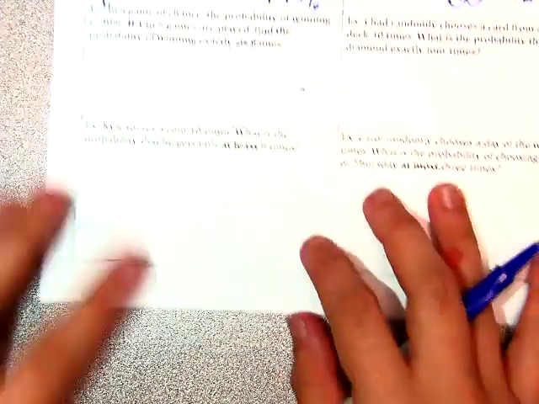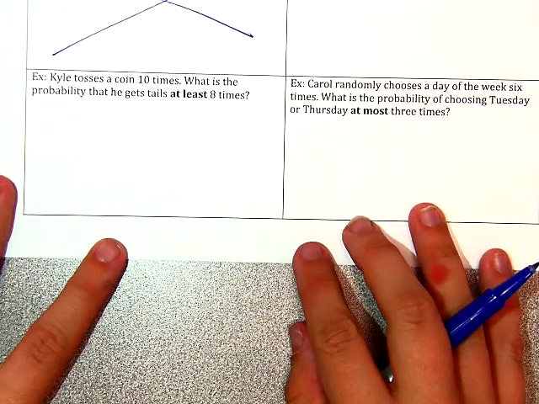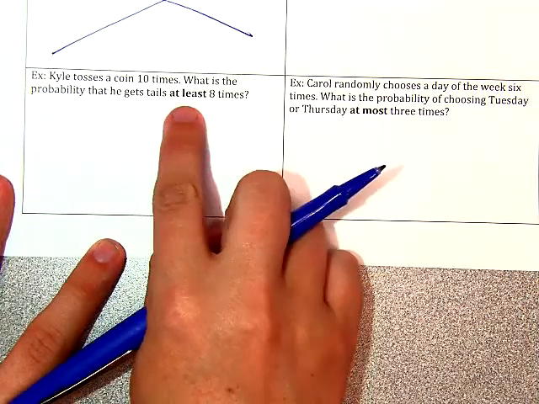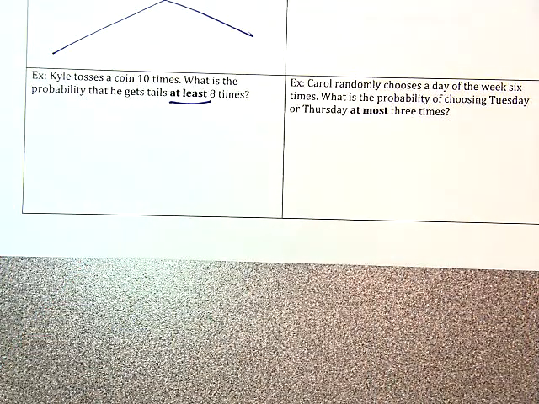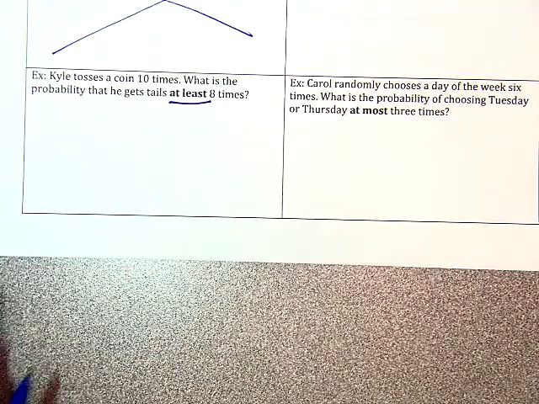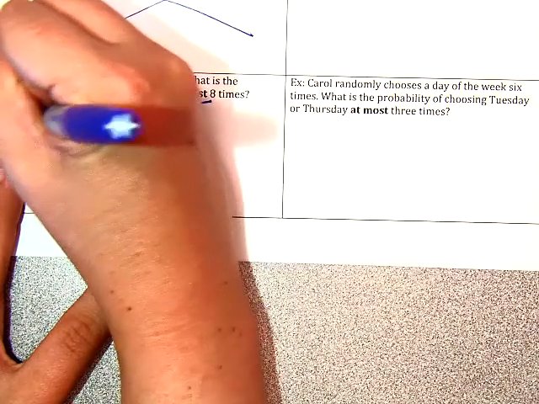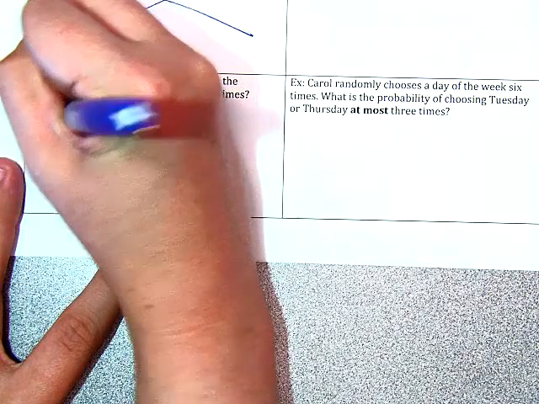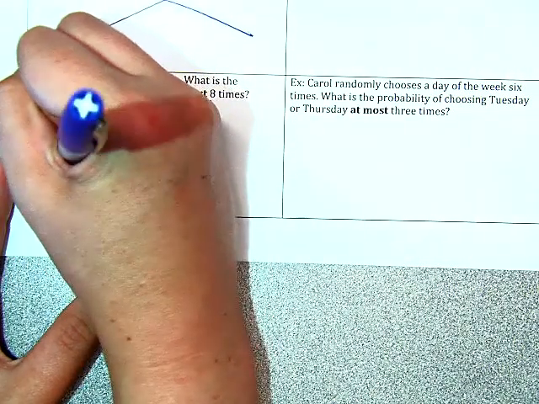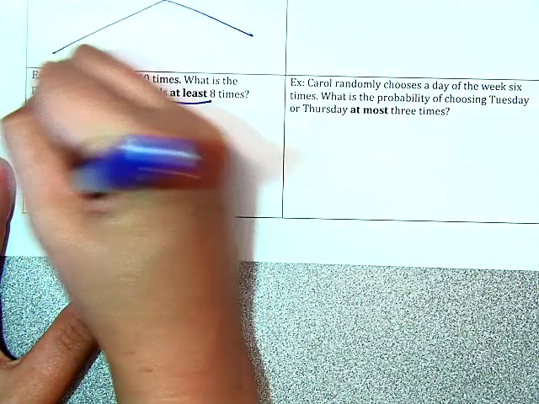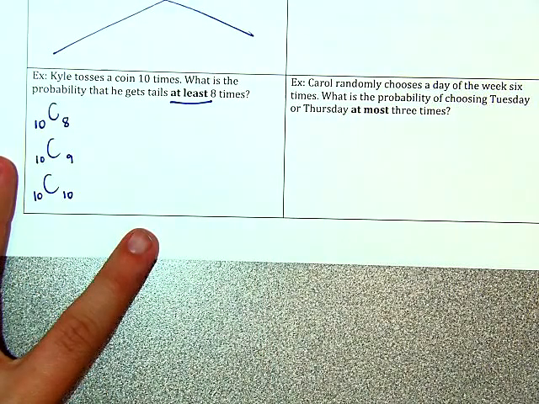Okay, let's go down to these ones, because these are trickier. Kyle tosses a coin. What is the probability that he gets tails at least 8 times? Here's your tricky. At least means 8 or more. So that means of the 10 tries, I want to get 8 or 9 or 10. All 3 of those together. So I'm going to find each one.